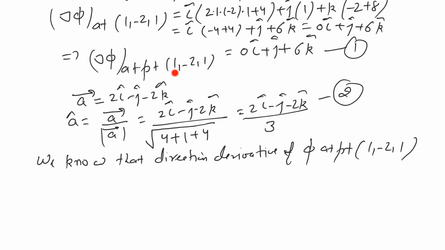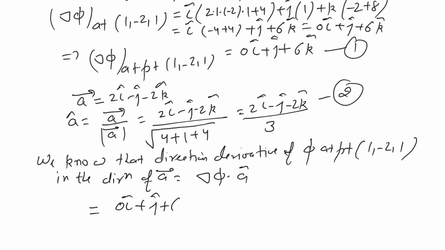This was the point, (1, -2, 1), in the direction of A vector is equal to del phi dot A cap. Now you write the value of del phi. It is 0 i cap plus j cap plus 6 k cap dot 2i minus j minus 2k cap upon 3.